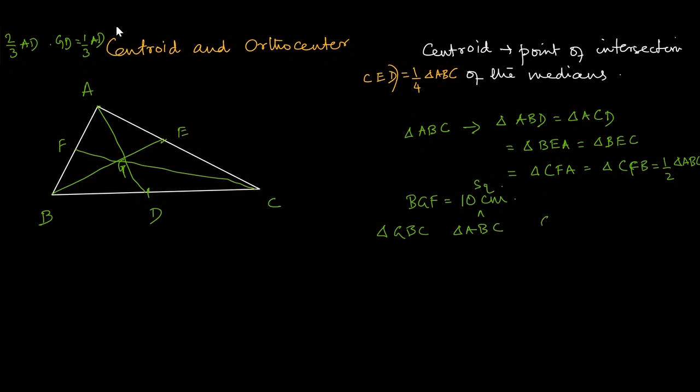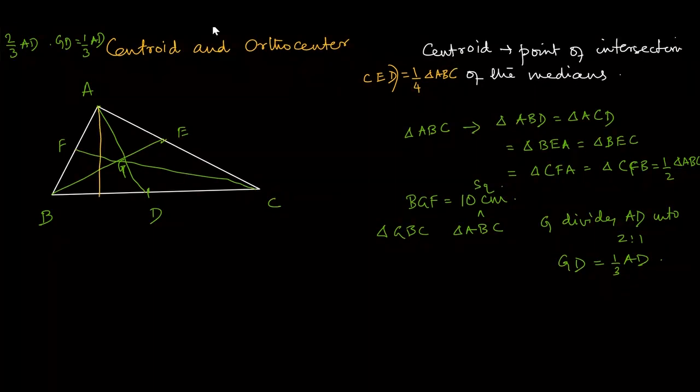Now we've seen that G divides the median AD into the ratio of what? 2:1, right? So that means GD is 1/3 of AD, correct? GD is 1/3 of AD.